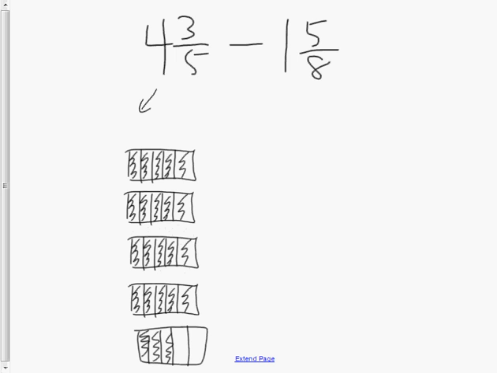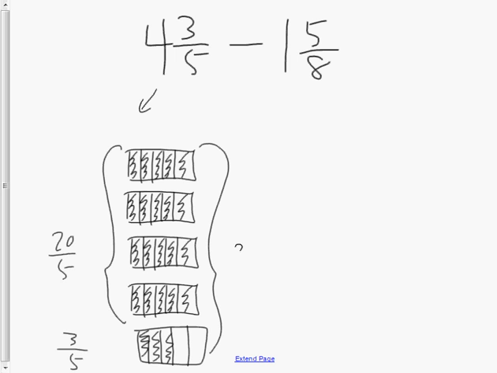So 4 3/5 would look like that as a picture. And really what we're looking at is this here, those 4 wholes, that 4 is really 20/5 plus an additional 3/5. So altogether, this is 23/5, okay? 23/5.